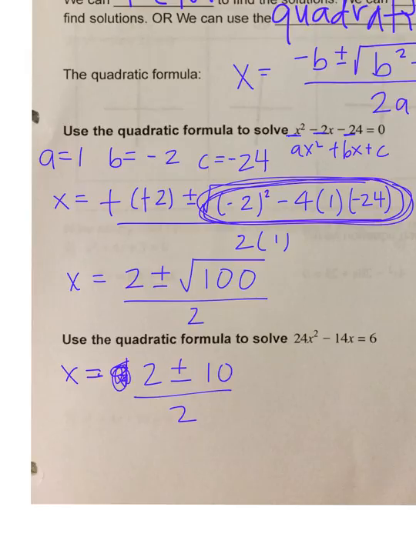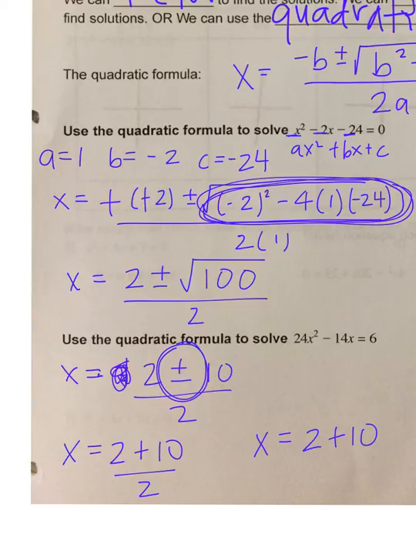Now, we have this plus and minus. That means I'm going to split my problem into two separate problems, and we'll get two answers. So I'm going to have x equals 2 plus 10 divided by 2, and x equals 2 minus 10 divided by 2.